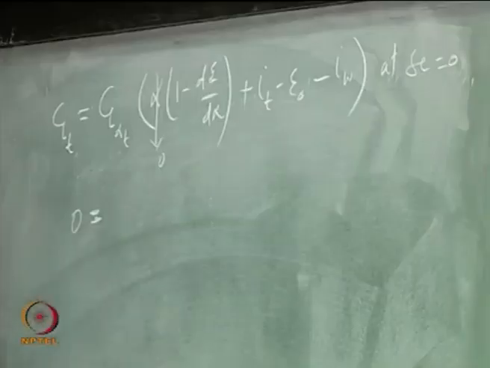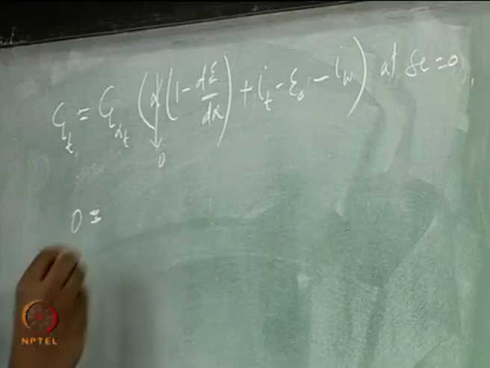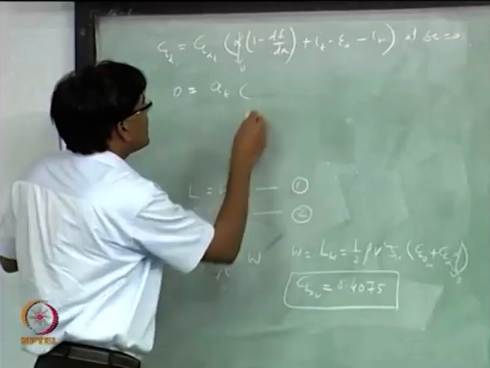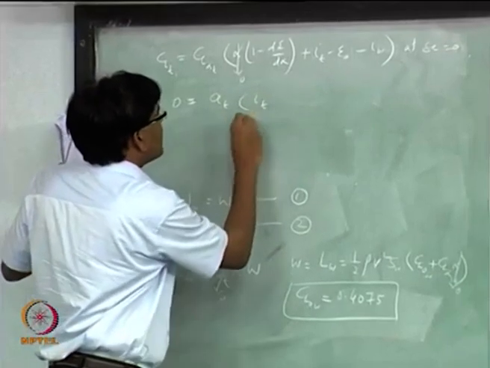So, this CLT is 0, and what you get is this.